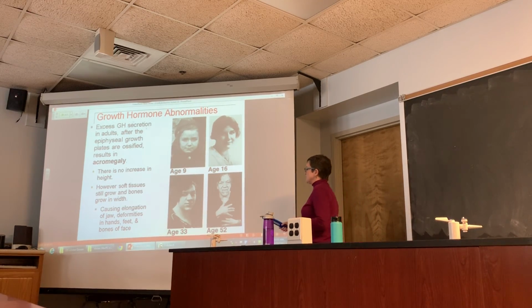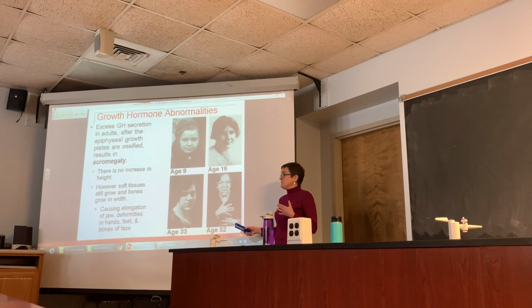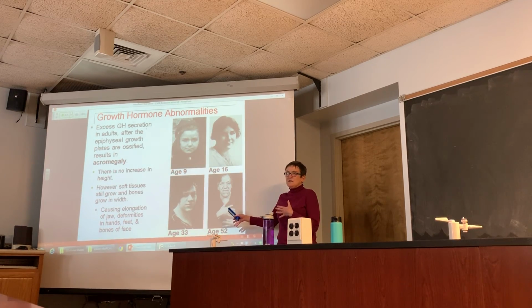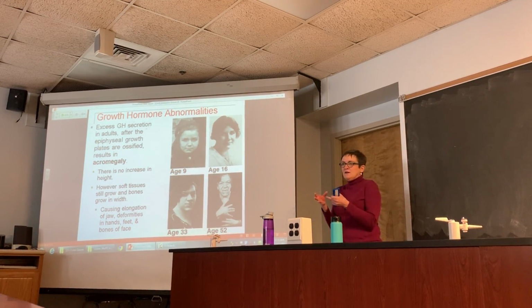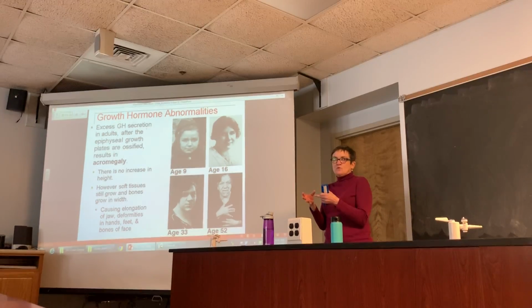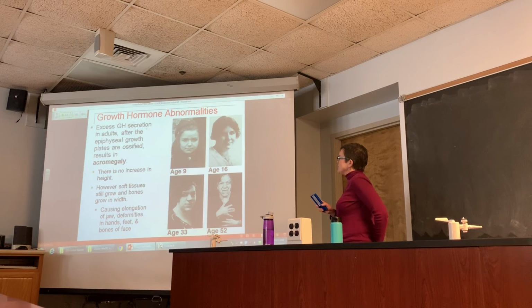This can also cause the heart to become enlarged and other internal tissues to become enlarged. So there are some health problems that arise, not just appearance issues, but internal problems because of overgrowth of organs. Enlargement of organs can cause problems, especially enlargement of the heart. So that's called acromegaly. Any questions about that?